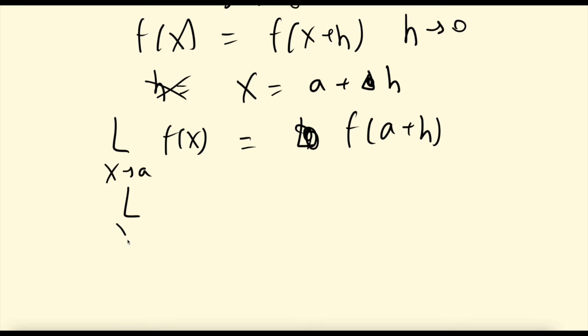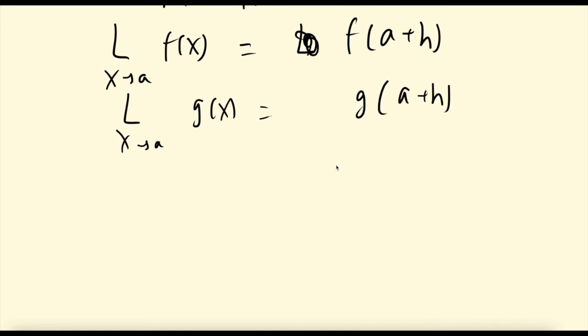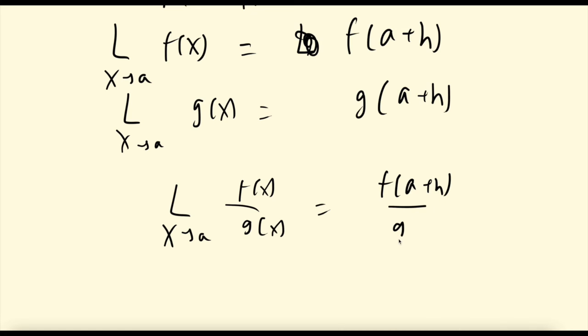And same thing for g, since that's a continuous function. Now we have limit as x tends to a of f of x by g of x is actually equal to f of a plus h by g of a plus h.